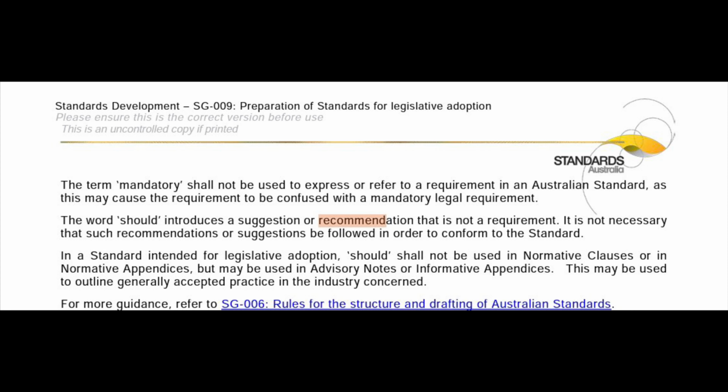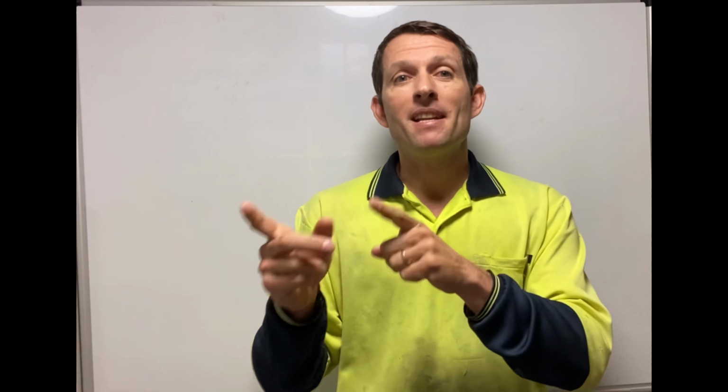So when you see the words recommended or may or those types of words, those are non-mandatory words. So mandatory words are shall and must. Then there's the other one, it is recommended. So recommended is a non-mandatory word.